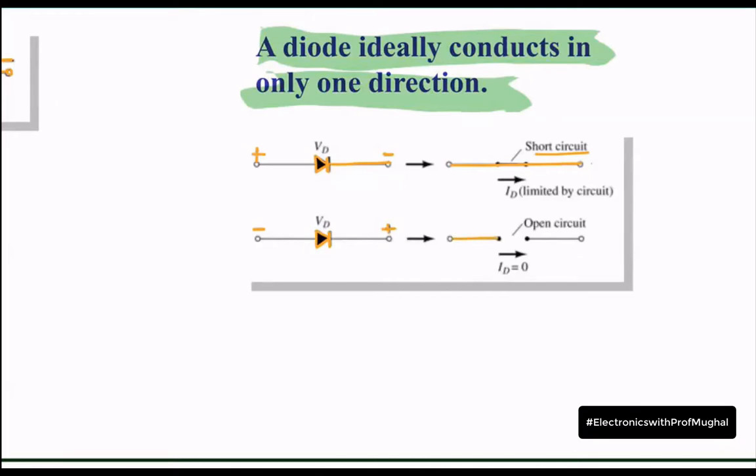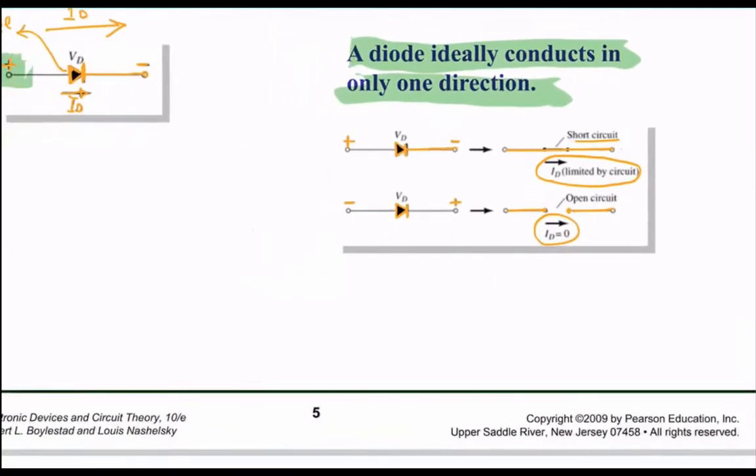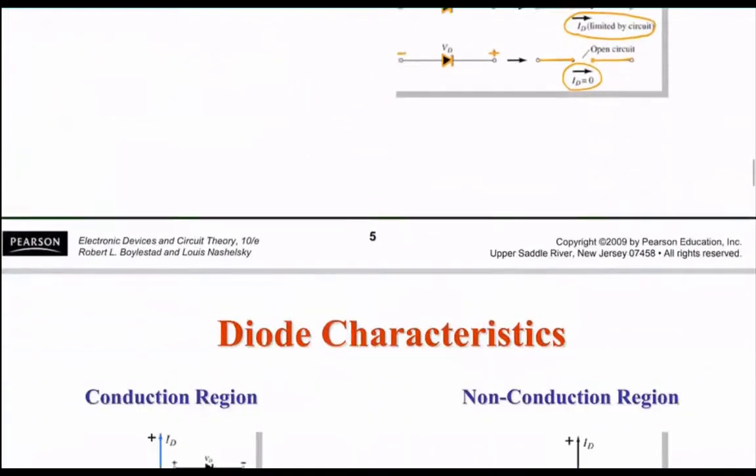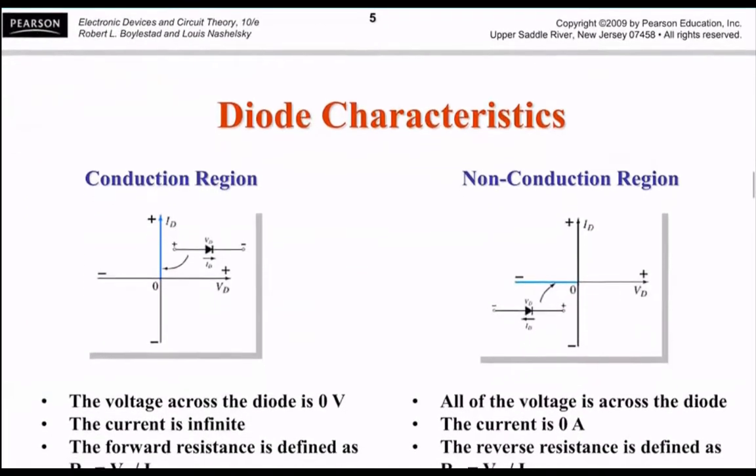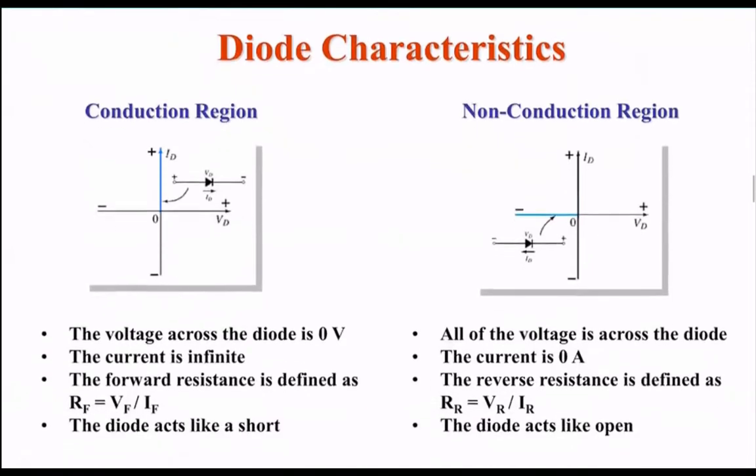So no current will flow through it. So here ID is going to be 0, and here ID is going to be whatever, depending upon what kind of circuit it is. We can use Ohm's law to find out that number, okay? So a very simple device, but very widely used and has a lot of applications.